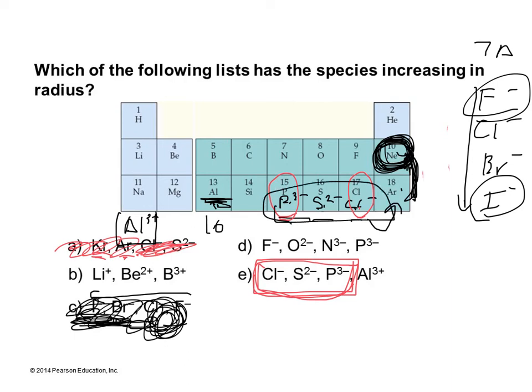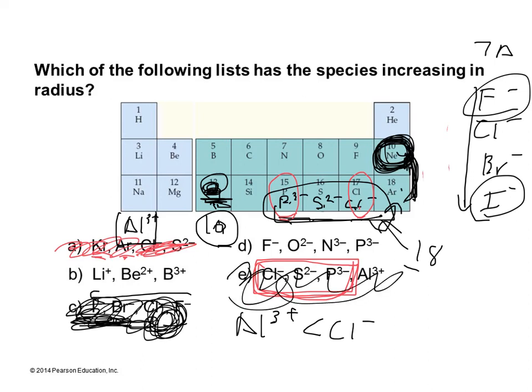These guys here all have 18 electrons, like argon. So we have more electrons being pulled by fewer protons than in aluminum, where we have fewer electrons being pulled by a surplus of protons. So aluminum is actually going to be much smaller than the chlorine. So we're not in the correct order there. So we have to cross out E.